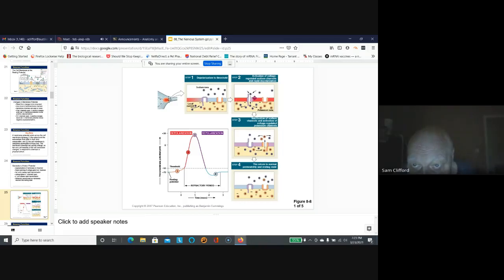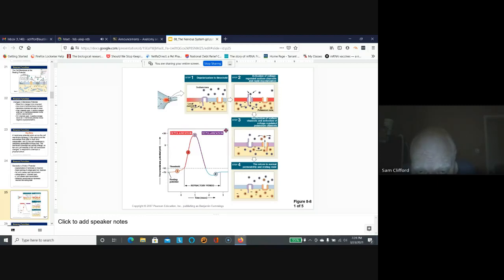What happens next is the activation, the opening of the sodium channel, and that is controlled by the characteristics of each channel and its protein function and protein structure. So the initial movement of sodium into the cell causes a depolarization. Depolarization means to go from a negative voltage to a positive voltage.